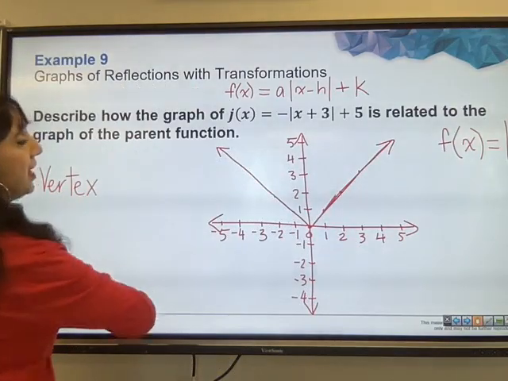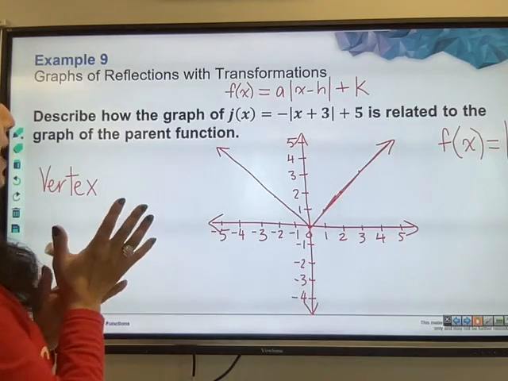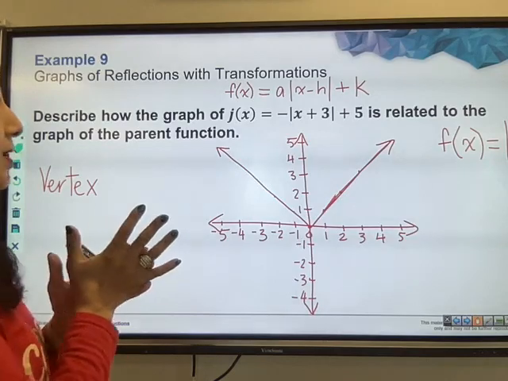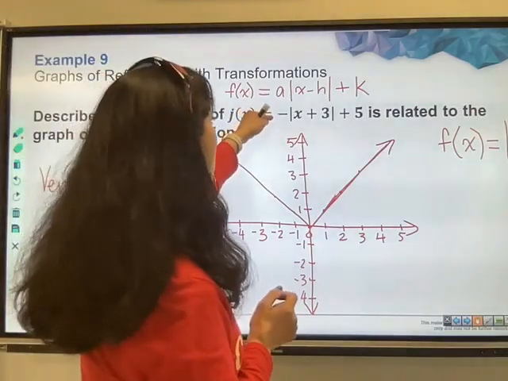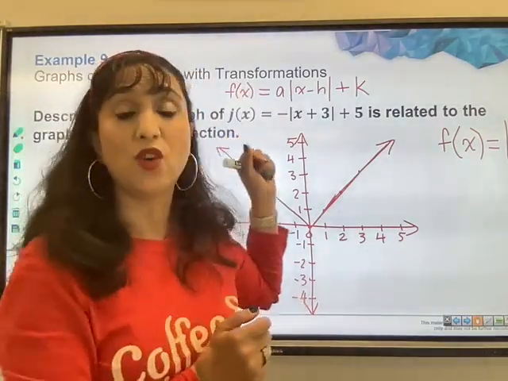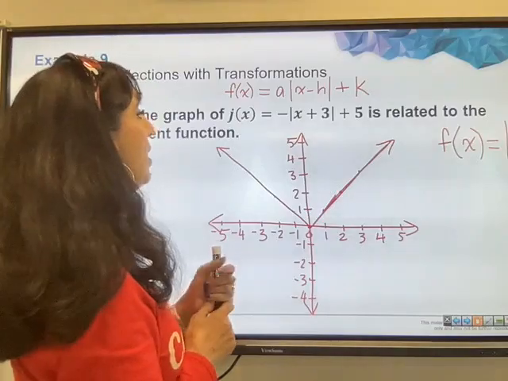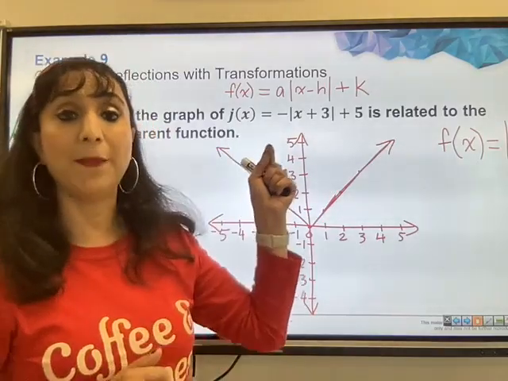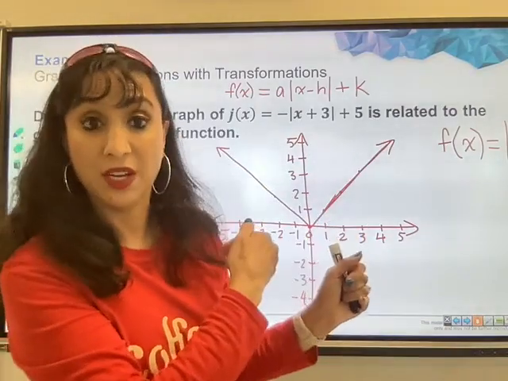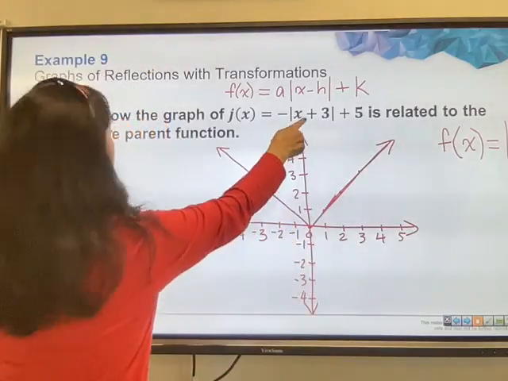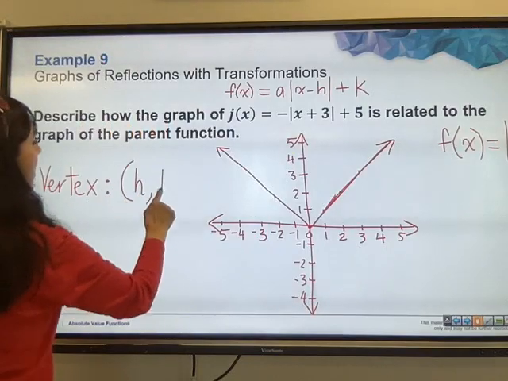Since we are looking at this one, I can see that the negative is outside. That means it's going to be reflecting over the x-axis. And when the graph is saying plus, which direction is it shifting? To the left. So therefore, if I look at my vertex, which is the ordered pair (h, k).